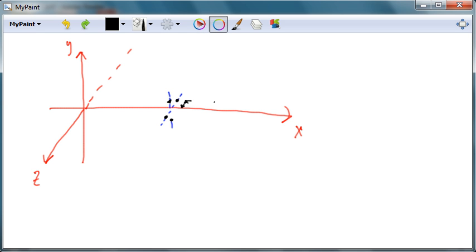I'll put that down as 0.01 meters. This distance, same thing, 0.01 meters, and then this distance 0.1 meters, measured along the x-axis.